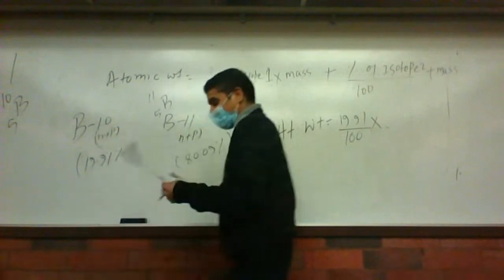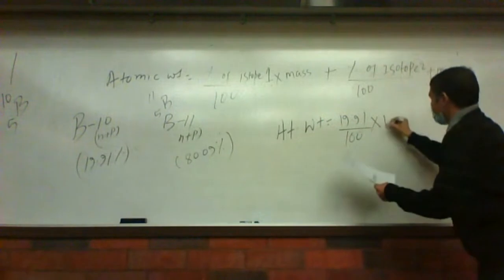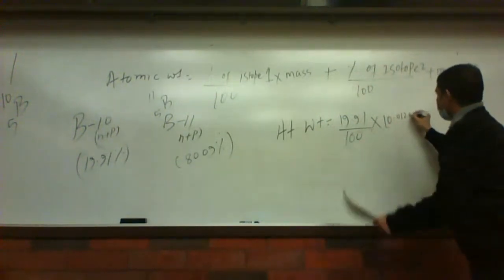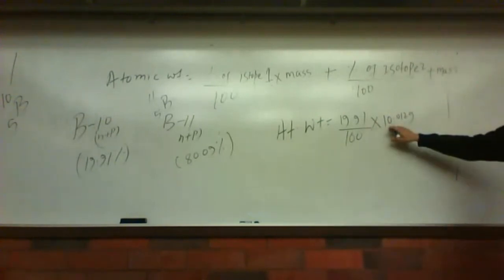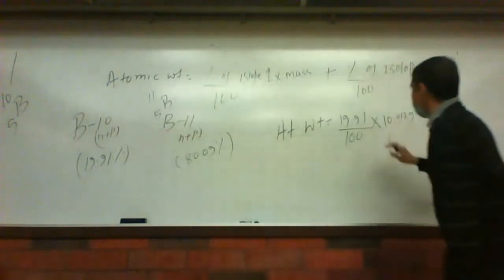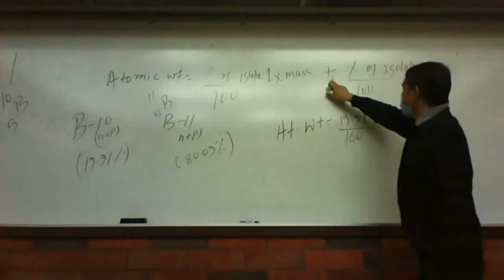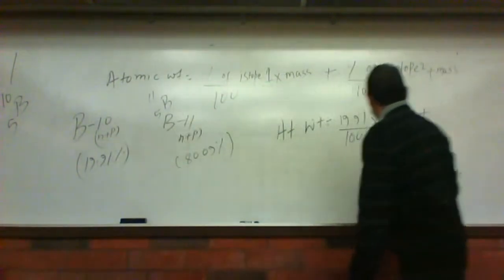More accurately, the mass is given as 10.0129. I could just put 10 also, but since it is giving a very accurate mass, so the mass of this one is given. Now plus, percentage of another isotope, which is 80.09.